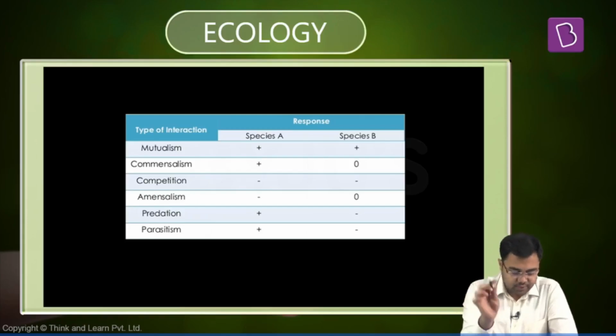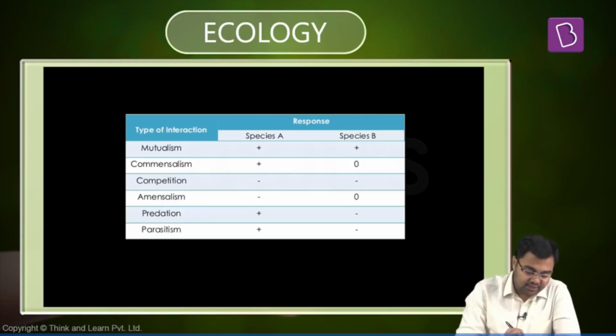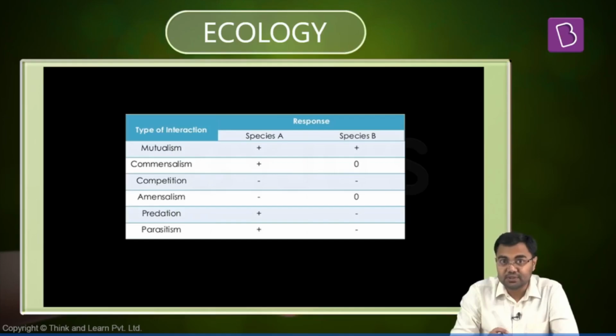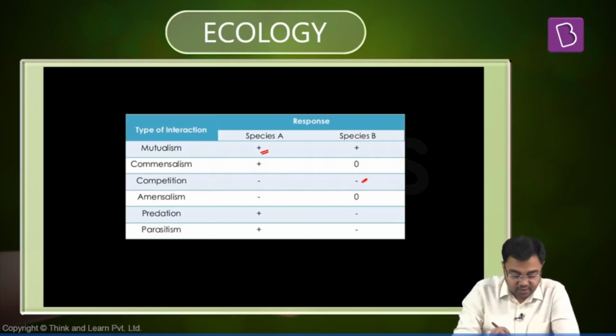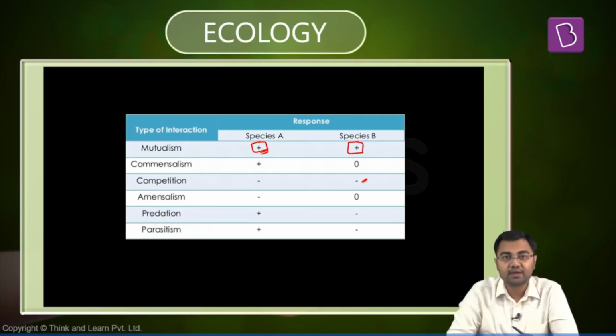So to summarize, what you need to understand is that all these kinds of interactions that we have discussed, these all have some positive effect in some, and they have negative effect on some. So just to summarize, when we discussed mutualism, we are talking about the fact that both the species are having a positive outcome out of it.